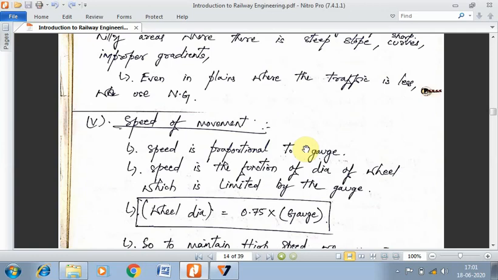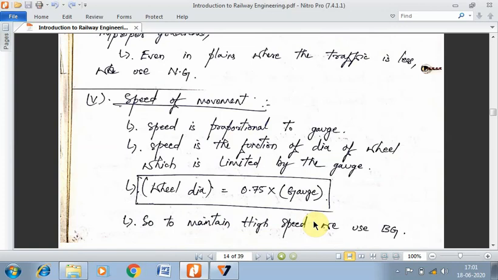Then speed of movement. The greater the speed required, the broader the gauge to be provided. So it depends upon the wheel diameter. The speed is considered to be a function of the diameter of the wheel, right? So the wheel diameter required will be equal to 0.75 meters multiplied by the gauge of the railway track.